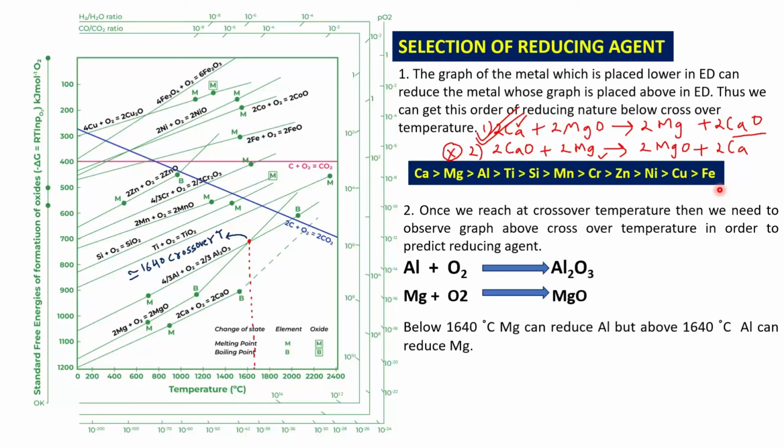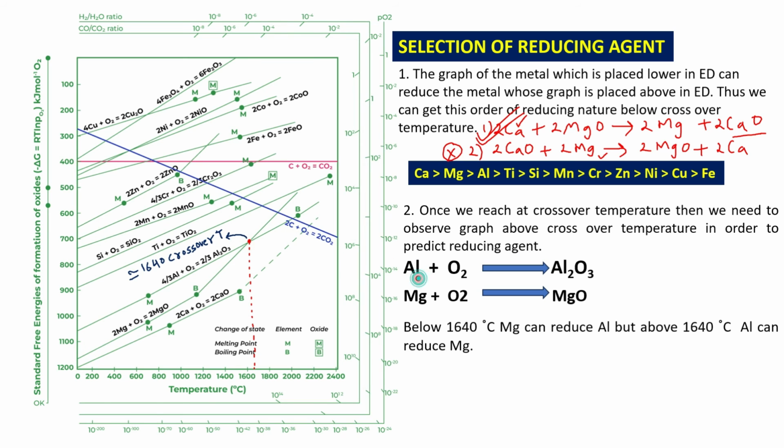This is very, very important, but please remember, this will happen below the crossover temperature, right? Once we reach the crossover temperature, we need to observe the graph above the crossover temperature in order to predict the reducing agent. So this is your crossover temperature.